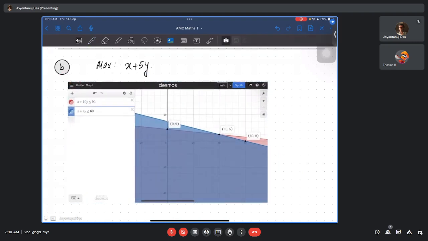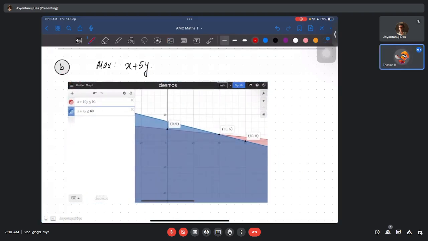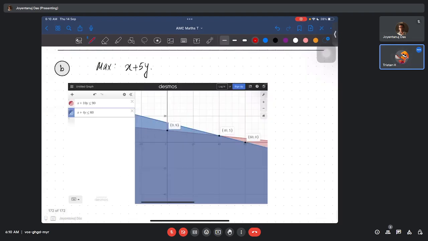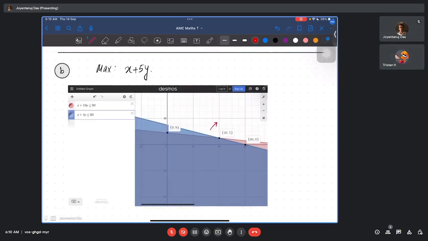Now I think it will change. Yes, so it should be 40 comma 5. So it is how much? 40 plus 25, 65. So this is the maximum. Now what they're asking is how many movies, right? So movies is 40 movies, 40, right?